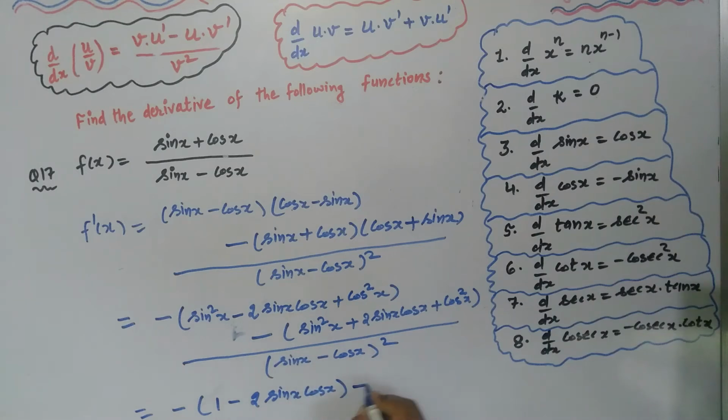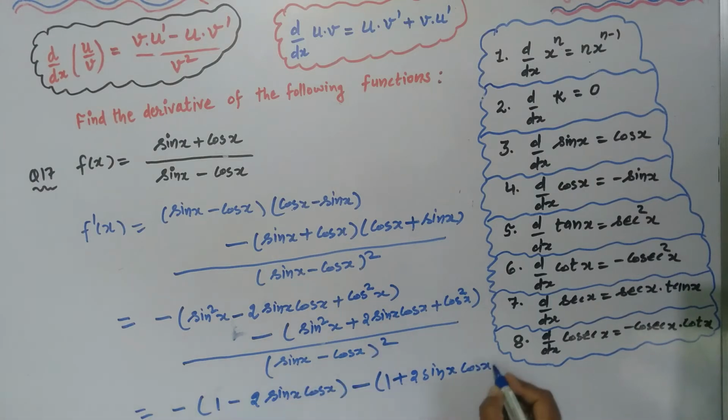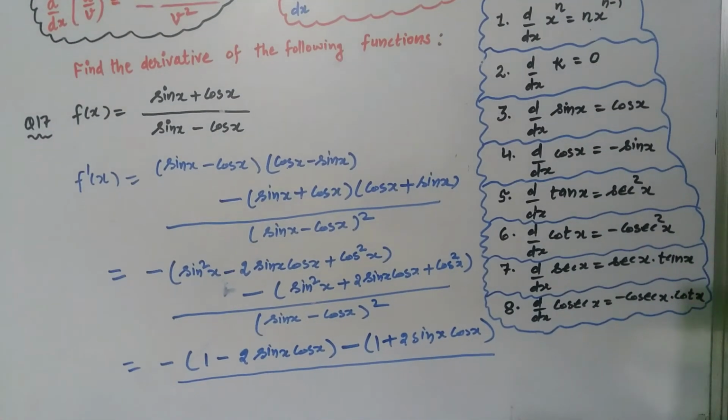Next is this minus (sin square x plus cos square x is 1 plus 2 sin x into cos x). Okay, whole divided by this, which is equal to (sin x minus cos x) whole square, right?